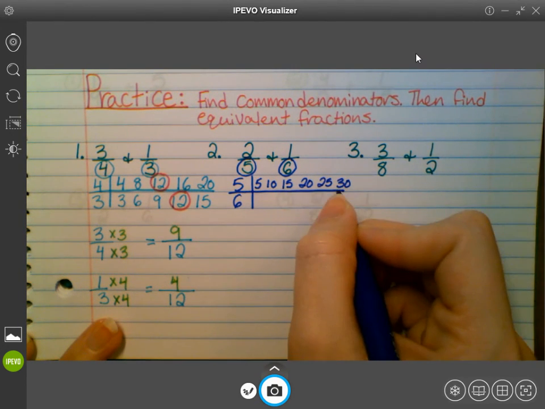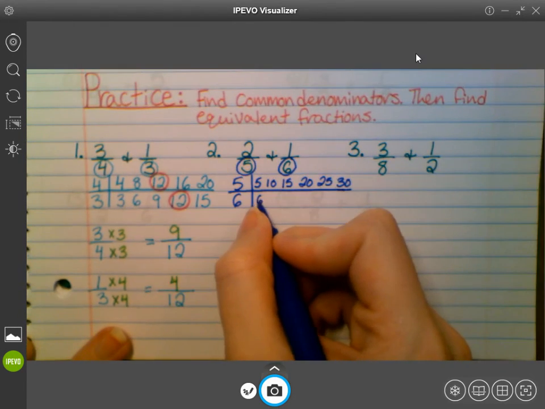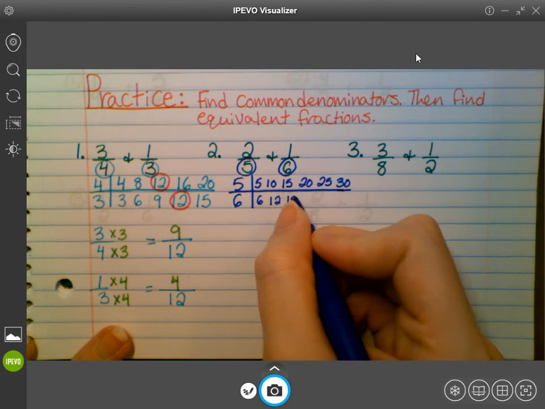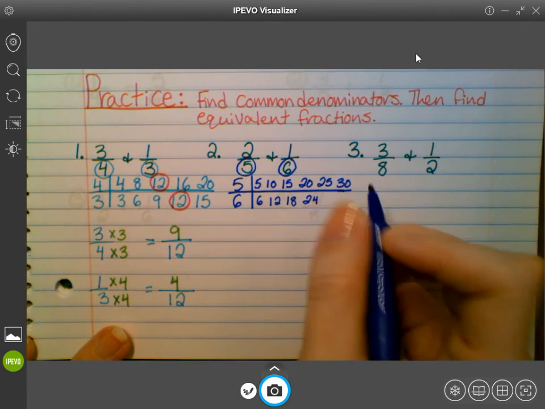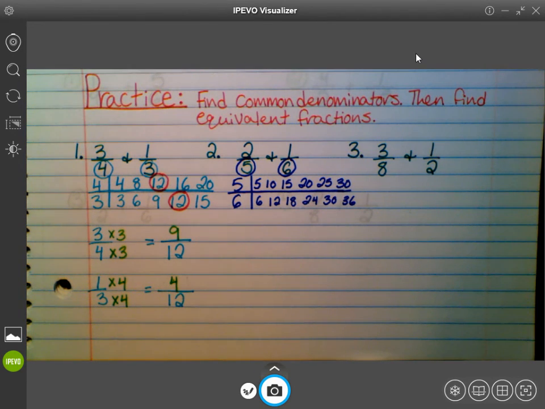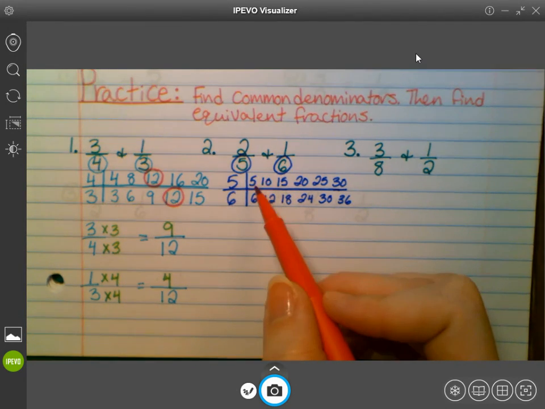I'm going to stop there. Then for 6, I have 6, 12, 18, 24, 30, 36. Then I'm going to go through and I'm going to look, okay, what's the smallest number they have in common, smallest multiple, least common.